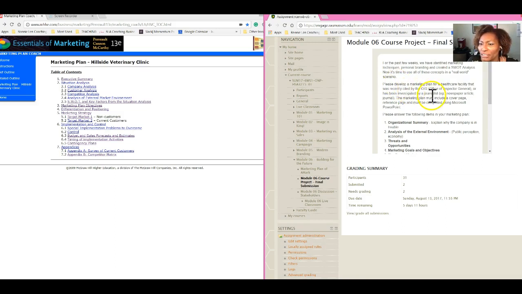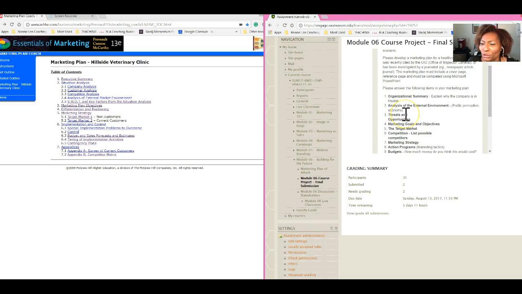First thing you need to do is identify a healthcare facility that was recently cited by the OIG or has been investigated by a journalist, and then you're going to develop a marketing plan for this healthcare facility. The marketing plan must include a cover page, a reference page, and must be completed using Microsoft PowerPoint.